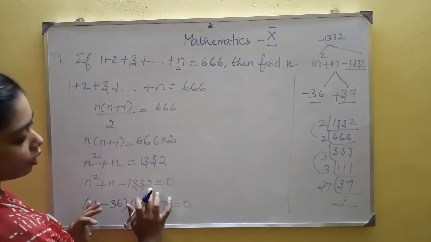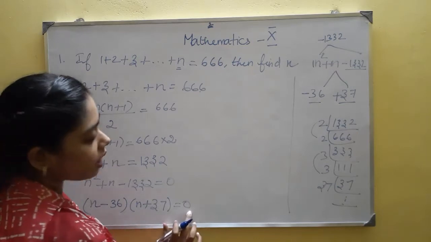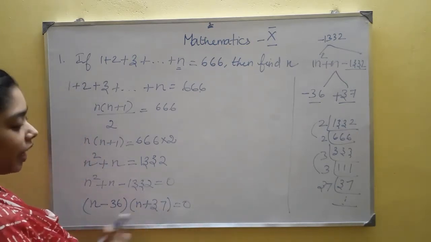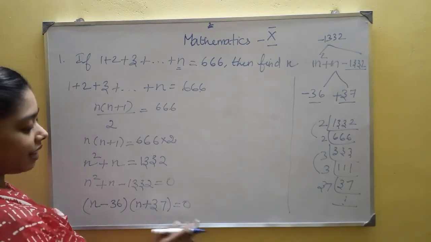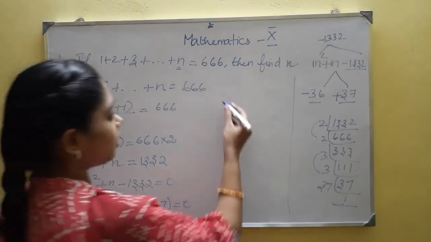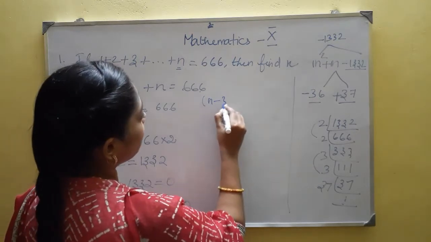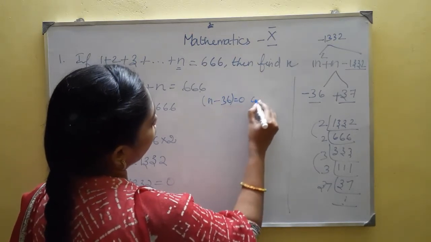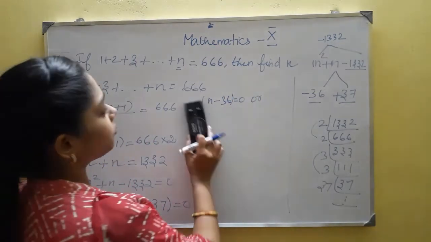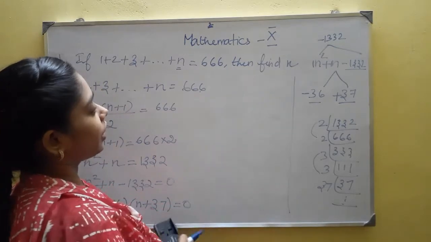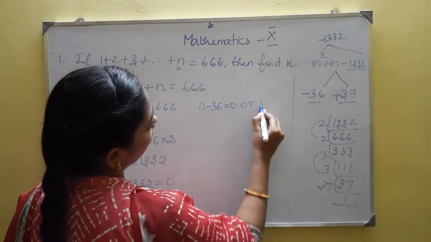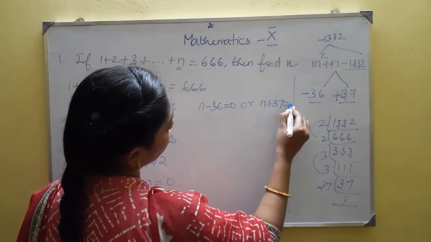Multiplying two numbers, you are getting the answer 0. Is this possible? Yes, this is possible only if either one number is 0. So n minus 36 equal to 0, or n plus 37 equal to 0.